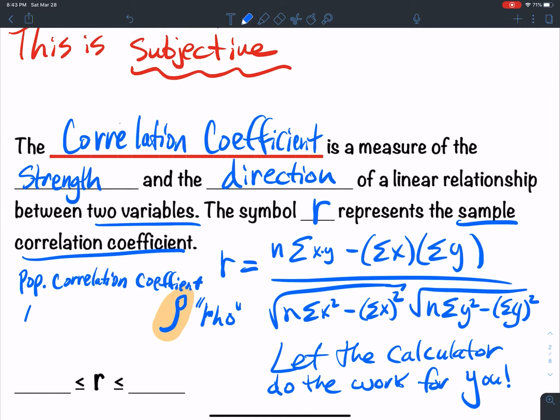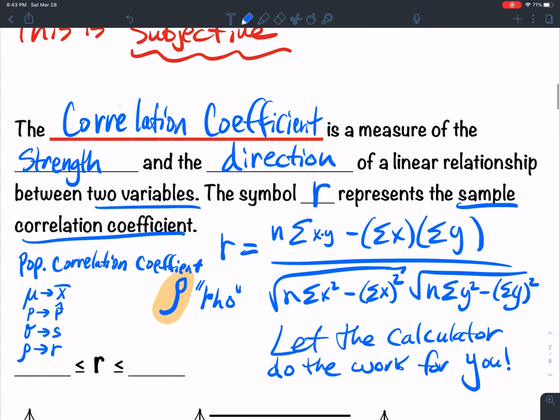So kind of like mu gets us x bar, and p is p hat, and sigma is s, rho is r, okay? R is between -1 and +1. Those are the values that R can be.